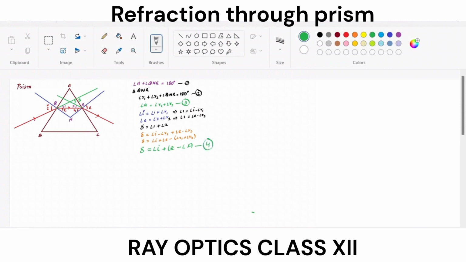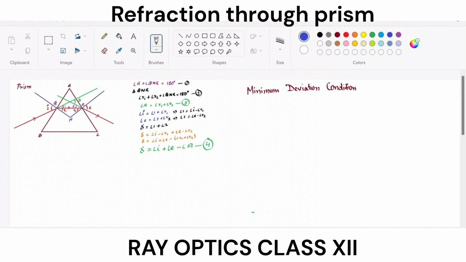Let's move to our minimum deviation condition. So for minimum deviation condition, what are these conditions?